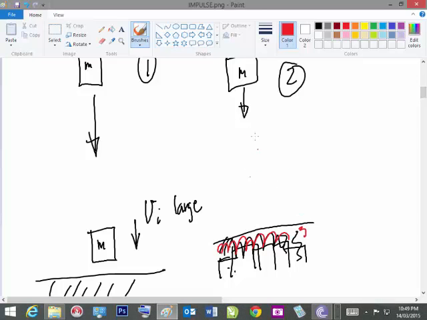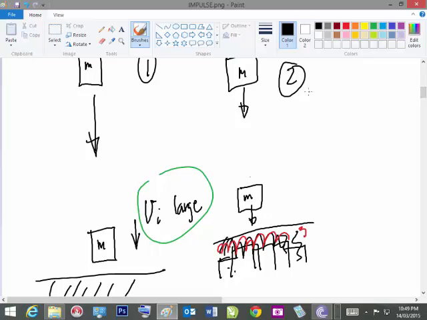When it hits the ground, the impact will be quite less. Just before it hits the ground, it's going to have the same large velocity, because it's falling under gravity.